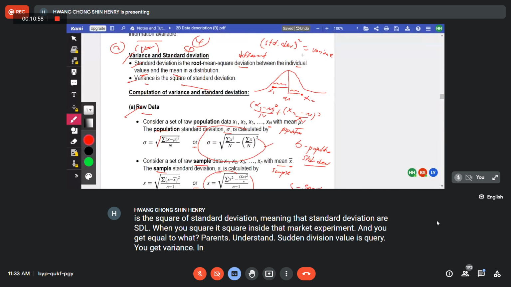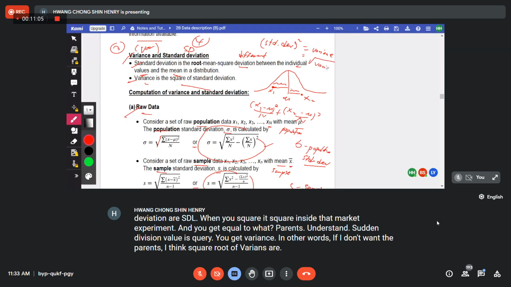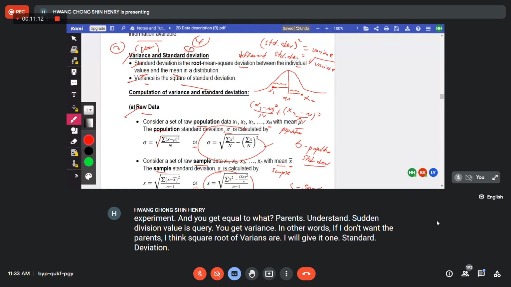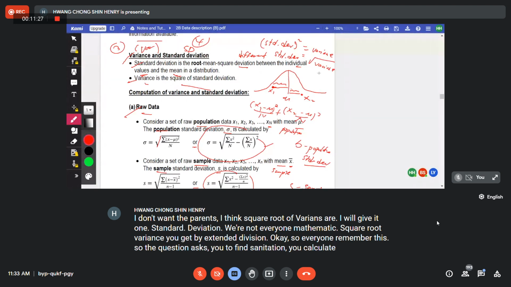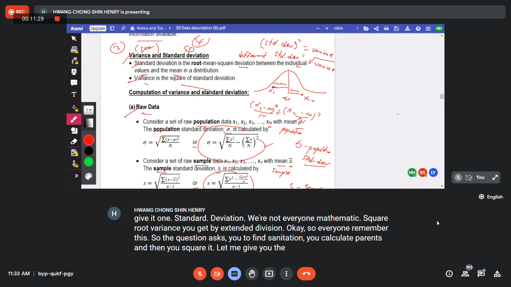In other words, if I don't want the variance, I take the square root of variance, I will get back what? Standard deviation. Correct or not, everyone? Mathematics now. Square root of variance, you get back standard deviation. So everyone remember this. If the question asks you to find standard deviation, you calculate variance, and then you square root it. That will give you the standard deviation.